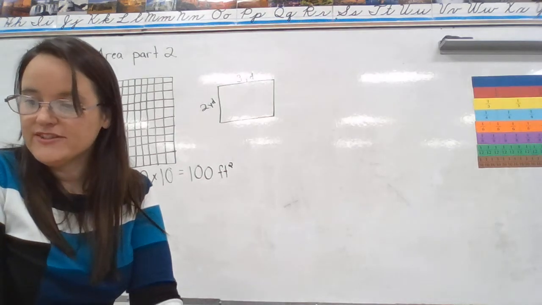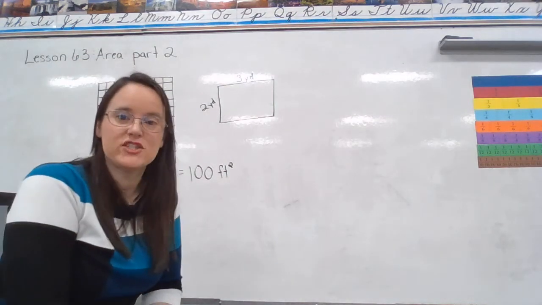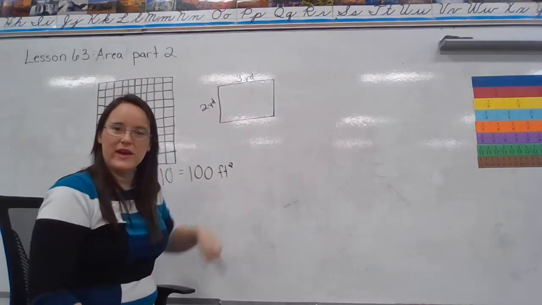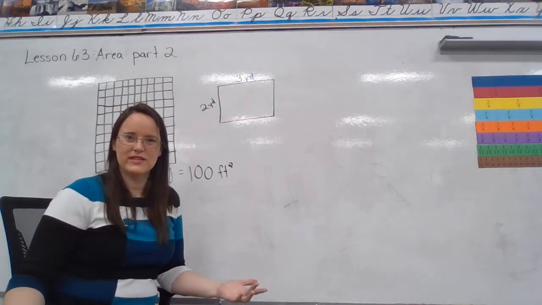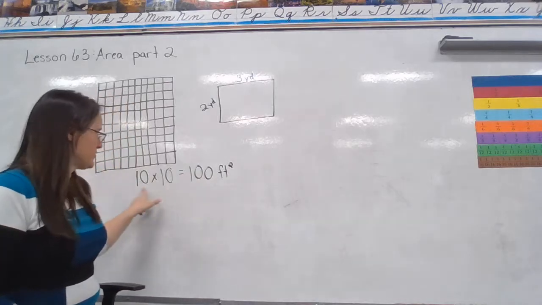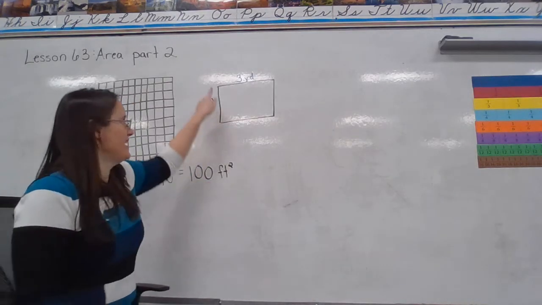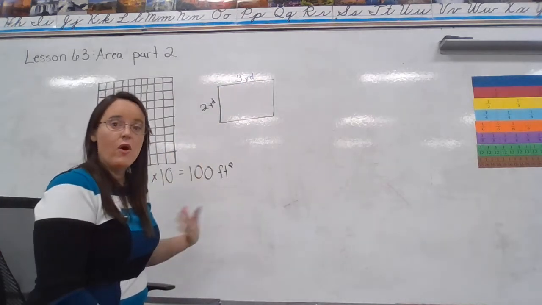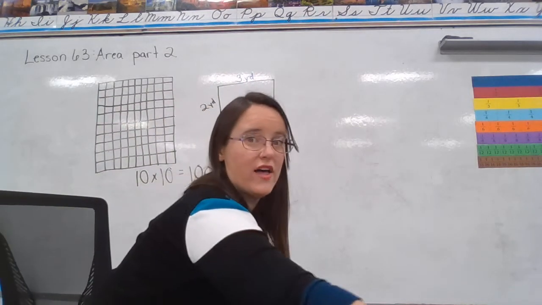The carpet covers an area of how many square yards? Well, I don't have squares that I could count. But remember, we know a trick. We know that we can multiply the length times the width, or I could also draw the squares in.